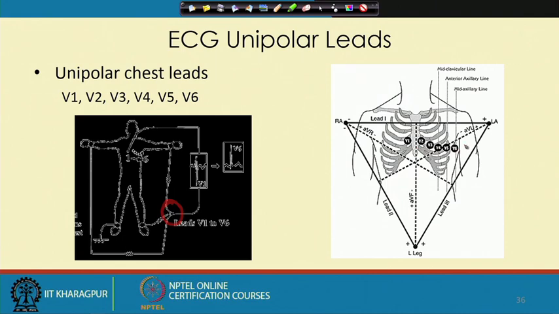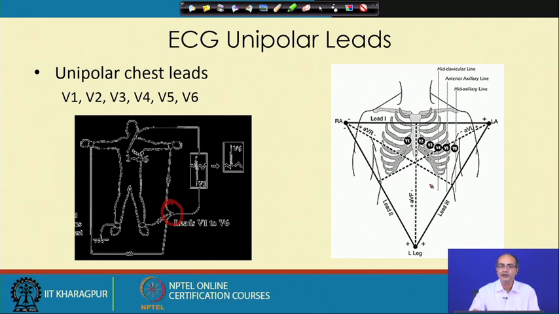So, this chest lead configuration can tell you the problem is in which chamber of the heart. That is the unique feature of it, and when the standard ECG signal is taken, these chest leads are also connected and monitored to find out if there is any abnormality in the heart.